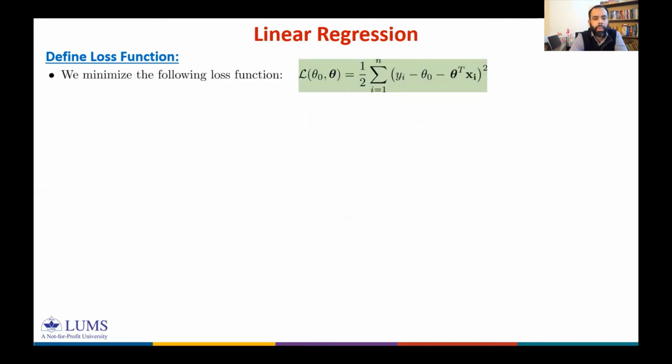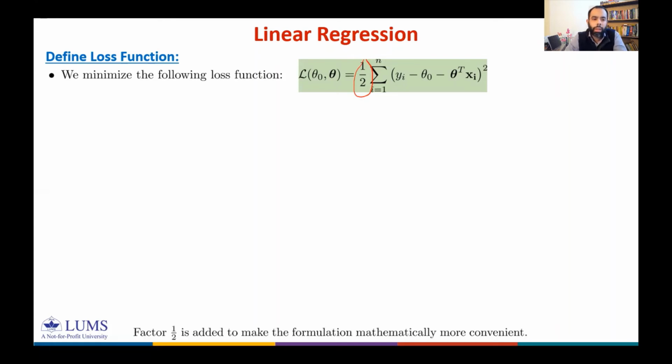This is in fact least squared error, but I have added this factor of 1 over 2 here. And this factor is added simply to make the formulation mathematically more convenient, easier to follow.